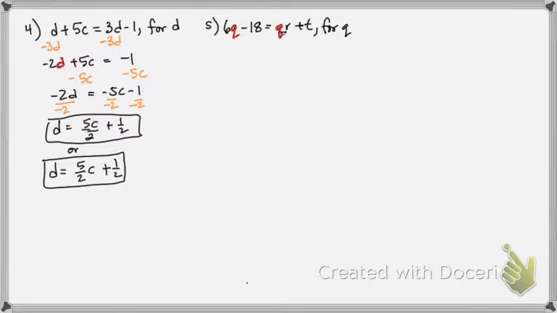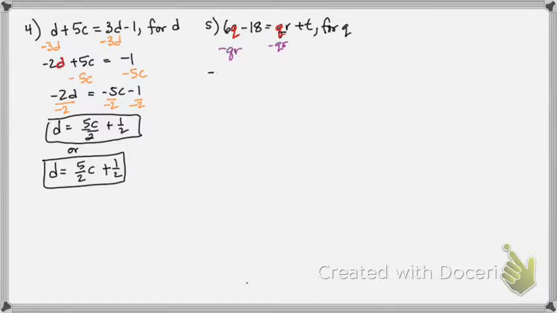So first things first, let's just get whatever is next to each other. So let's go ahead and subtract qr from both sides.